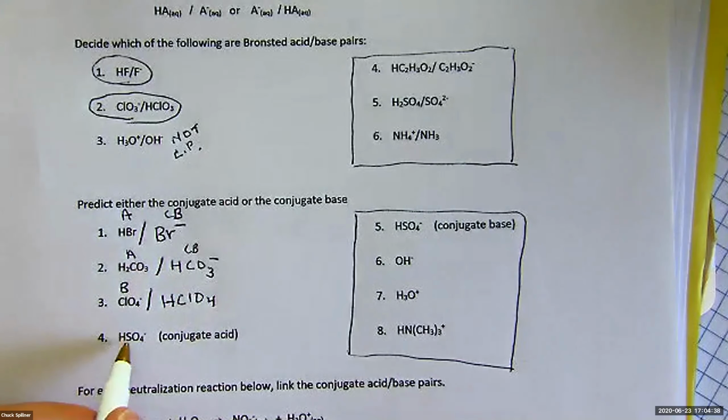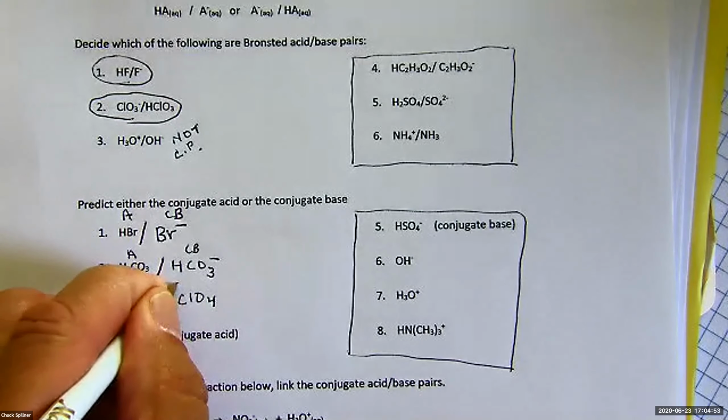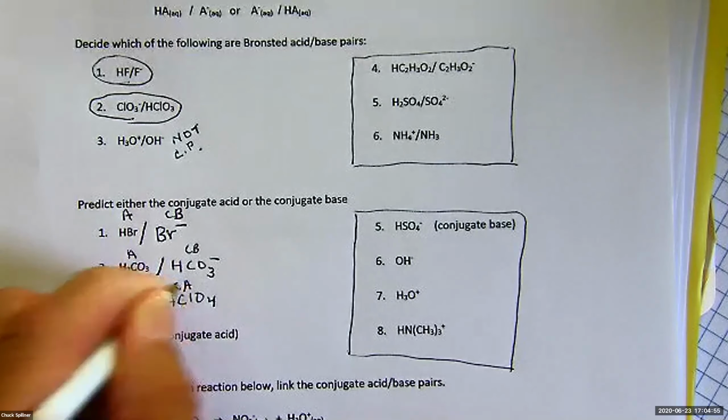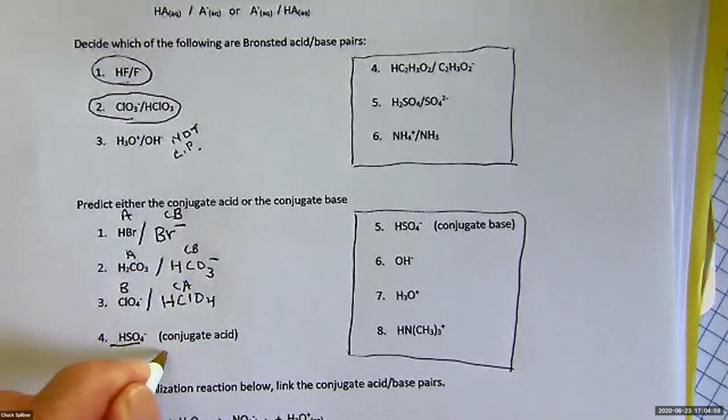Okay, so now we have HSO4. It's labeled already as a conjugate acid. So what we want to write down is the base. Remember, this is the base, this is the conjugate acid. So if this is the conjugate acid, what we want to do is write the formula for the base.